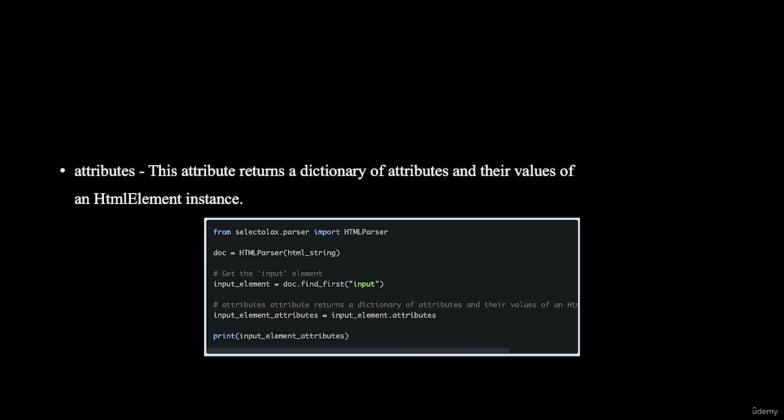So given that we've gone through these most commonly used methods and attributes, we can move on to the next section, or the examples.